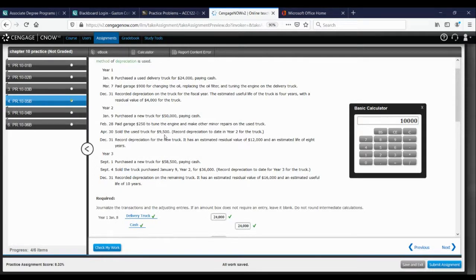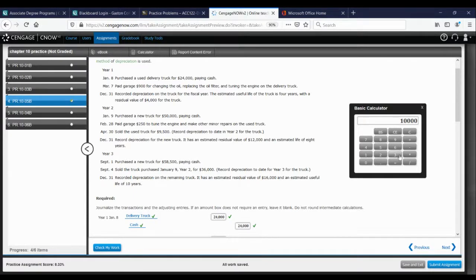Notice the book value was more than what we sold it for. We sold it for $9,500, so there's a difference of $500 that we have lost. That loss goes into a loss account that we call a loss on the sale of the asset.